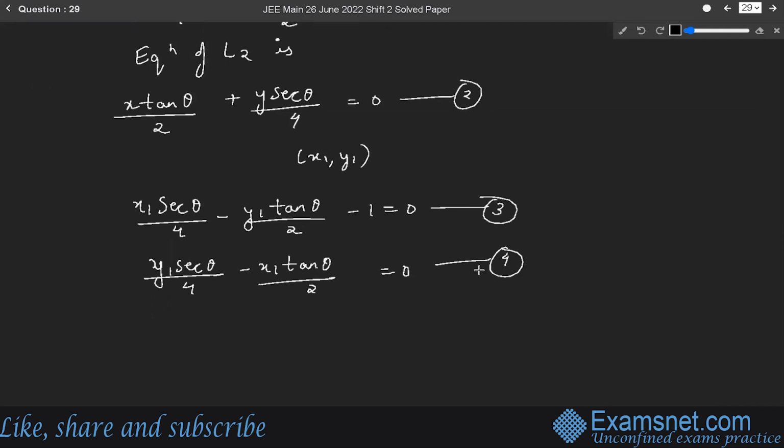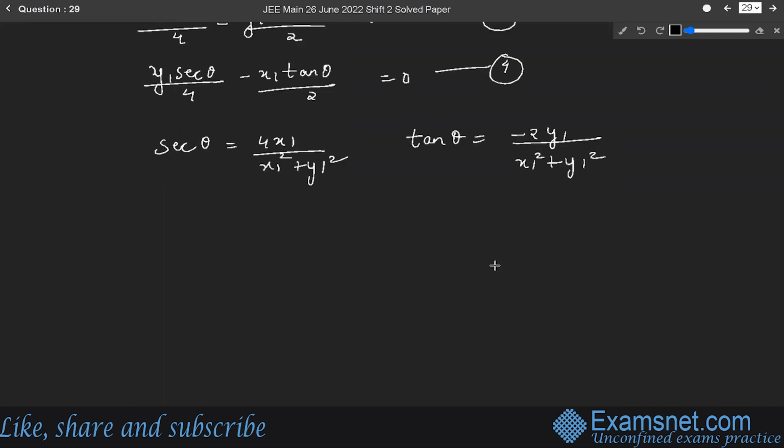From equations 3 and 4, we can write sec theta is equal to 4x1 divided by x1 square plus y1 square, and tan theta is equal to minus 2y1 divided by x1 square plus y1 square. Therefore, we can say that the required locus for the point x1, y1 will be (x square plus y square) whole square is equal to 16x square minus 4y square.